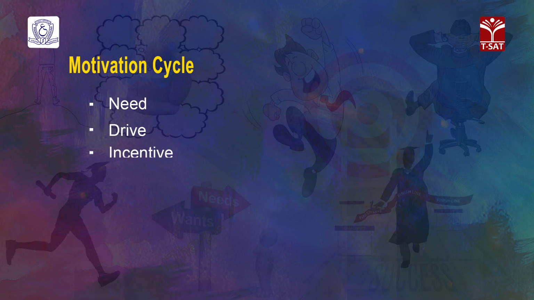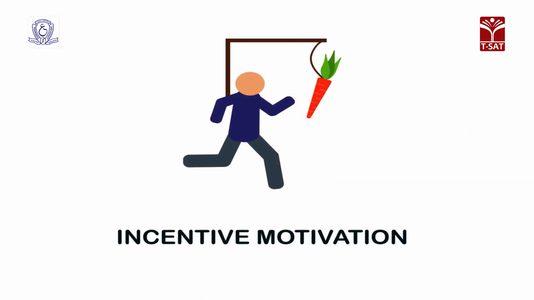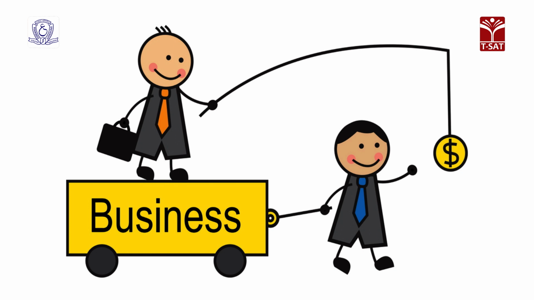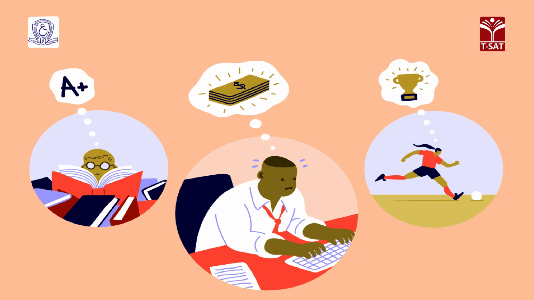The third concept is incentive. The object of the environment that activates, directs and maintains behavior is called incentive. It can be anything as long as it has either positive or negative value in motivating behavior.